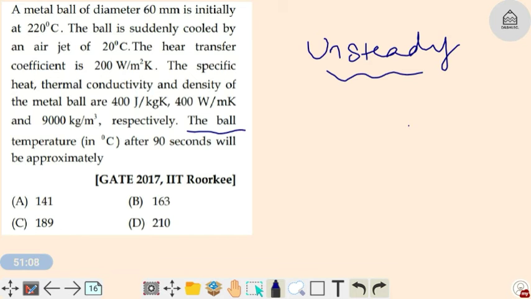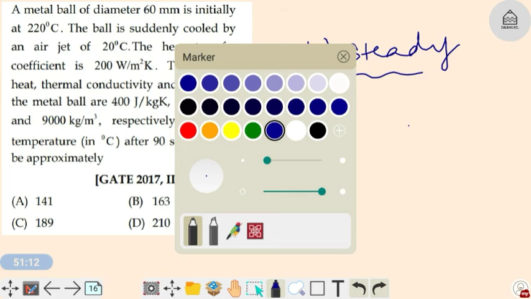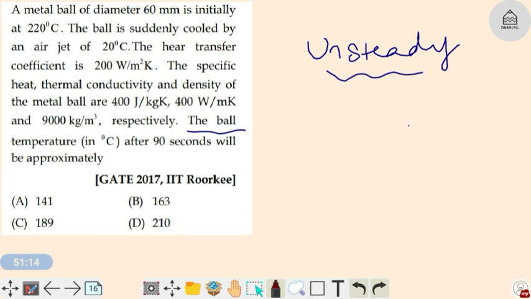Now let's find out the Biot number for this. What is Biot number? Biot number is h L_c divided by k of solid.